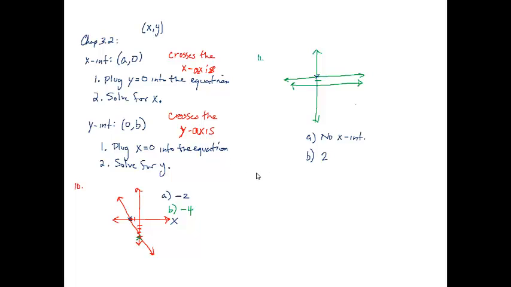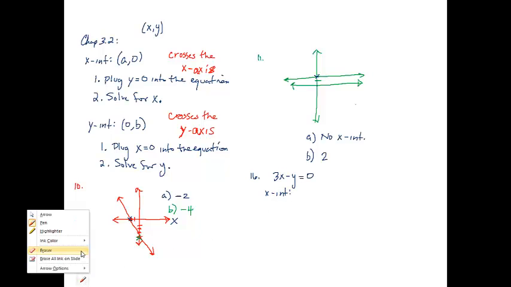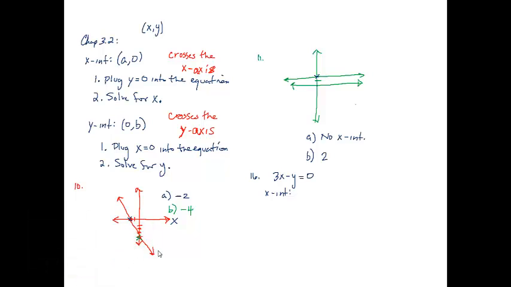Okay, so let's go for number 16. I have the equation 3x minus y equals 0. What I want to do is find the x-intercept first. The x-intercept says everywhere you see a y, you make y equals 0.